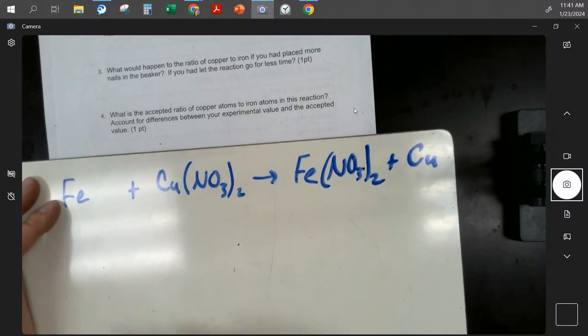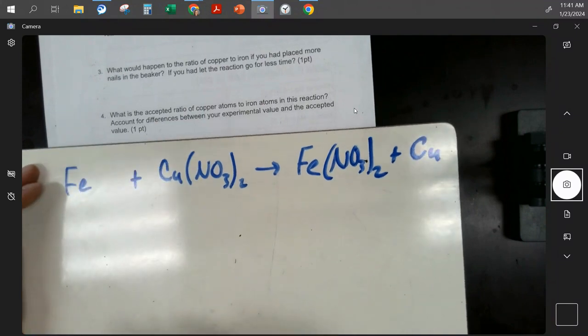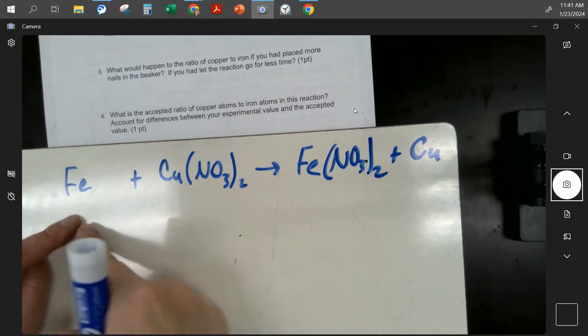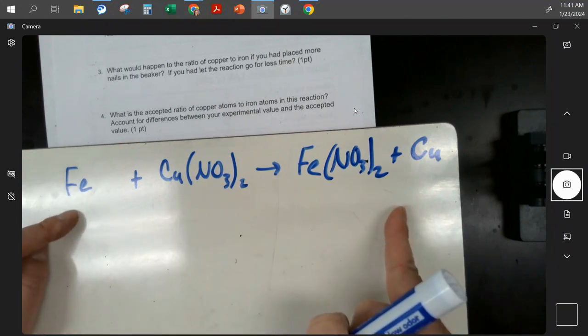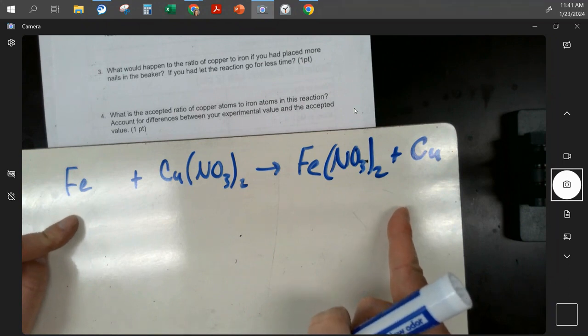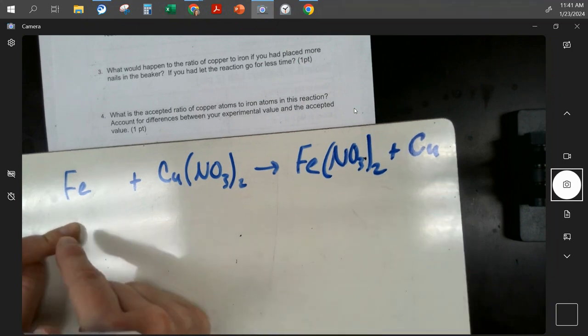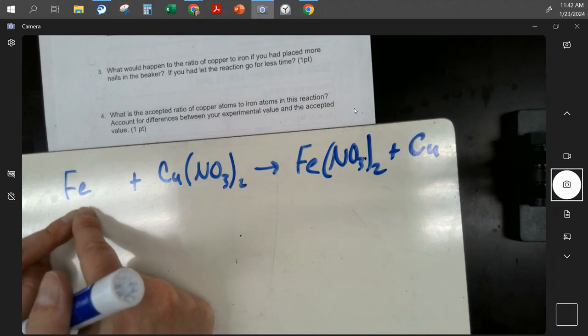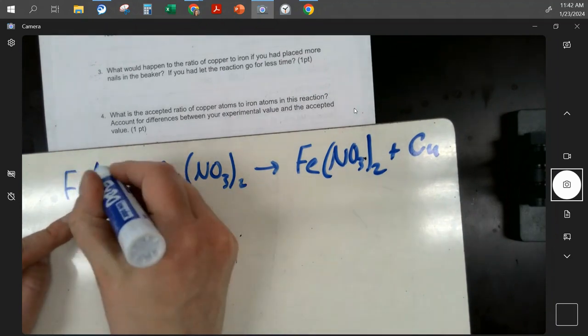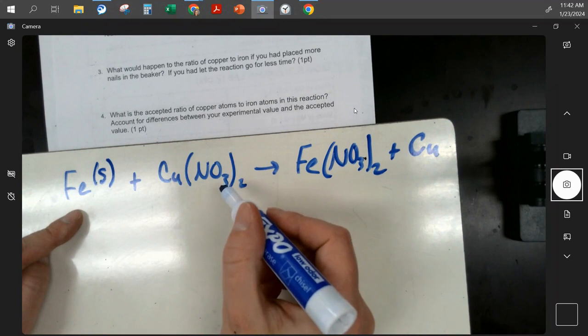Is this balanced? Yes, it's already balanced. We're missing phase symbols. Every time you write a balanced chemical equation, if it's asking for the equation, you need to write phase symbols. So what phase was iron? Yeah. What phase was copper nitrate?